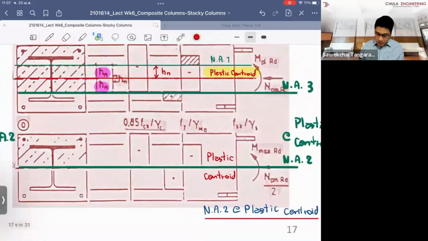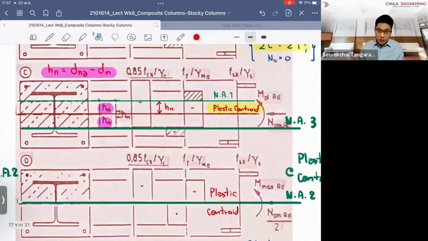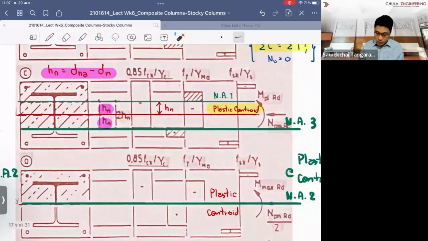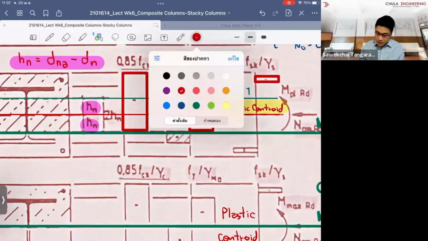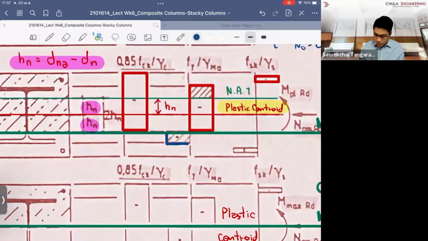At the intermediate point, for example, you raise the neutral axis level from 4 to 3, so you raise it from the bottom up to this level. As I mentioned before, anything that sits above the plastic neutral axis will form the compression stress, and anything that sits below will form the tensile stress, right?